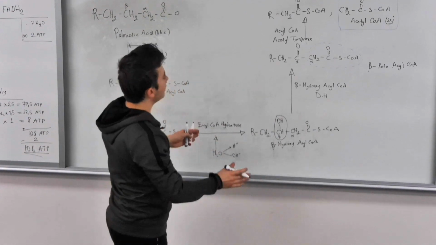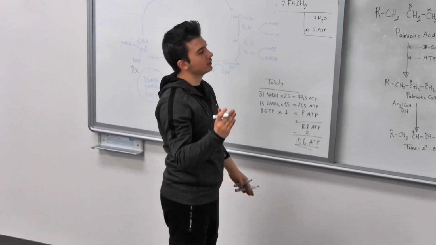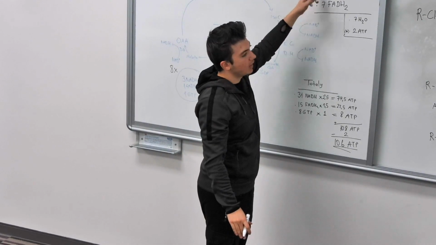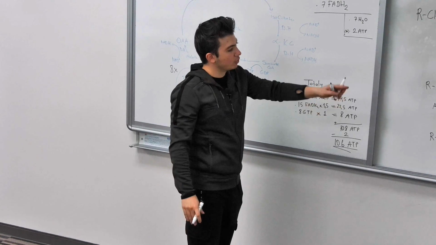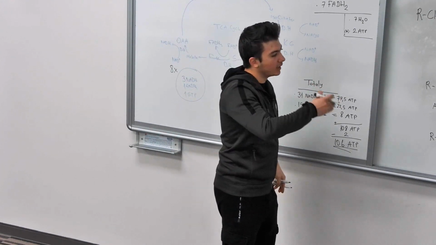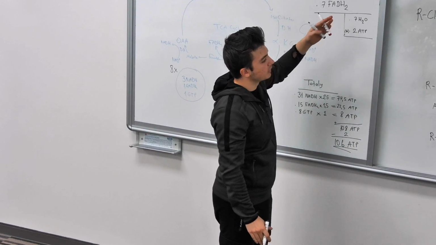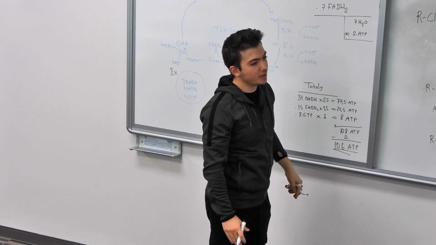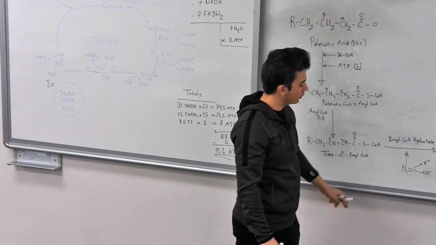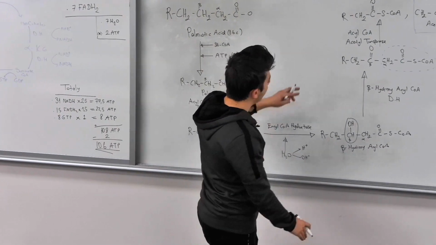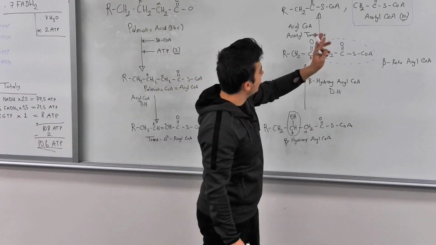And how many acetyl coenzyme A can I generate from all of this process? Of course, 8 acetyl coenzyme A. But how many rounds of the process do I need? Of course, 7 rounds, because I'm going to get 8 acetyl coenzyme A molecules. In each round, I'm going to use hydrogen atoms and generate FADH2 and NADH, right?